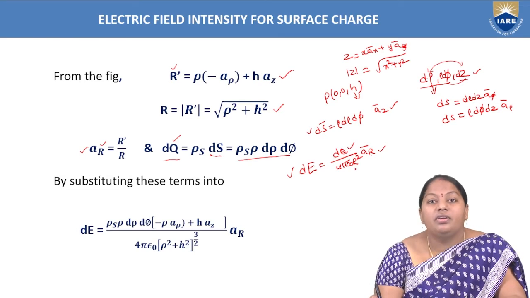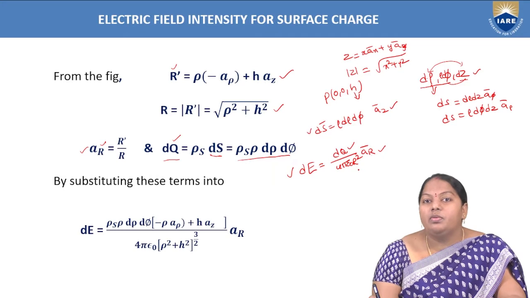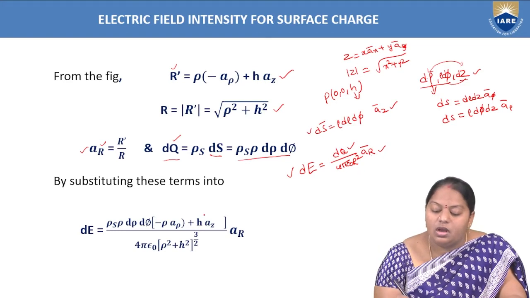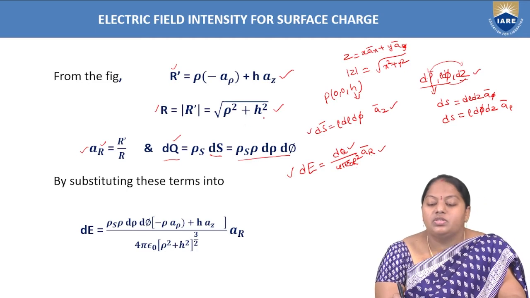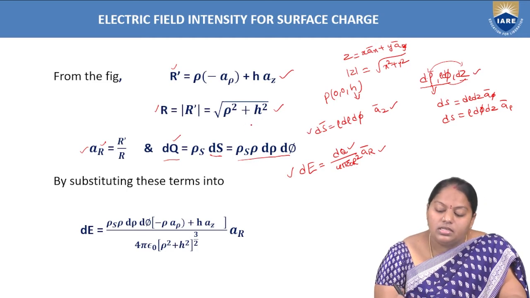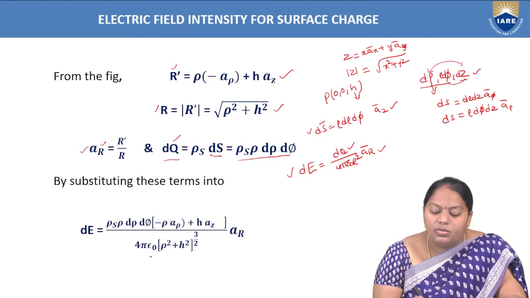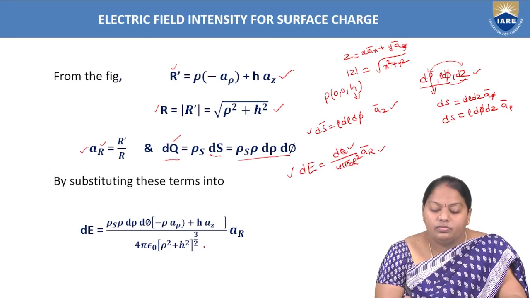In the formula itself we have r square, so if you multiply that with r, it becomes r cube. And what is r actually? This is the square root of rho square plus h square. Hence we can write it in the denominator as 4 pi epsilon naught into rho square plus h square whole power 3 by 2. Right?